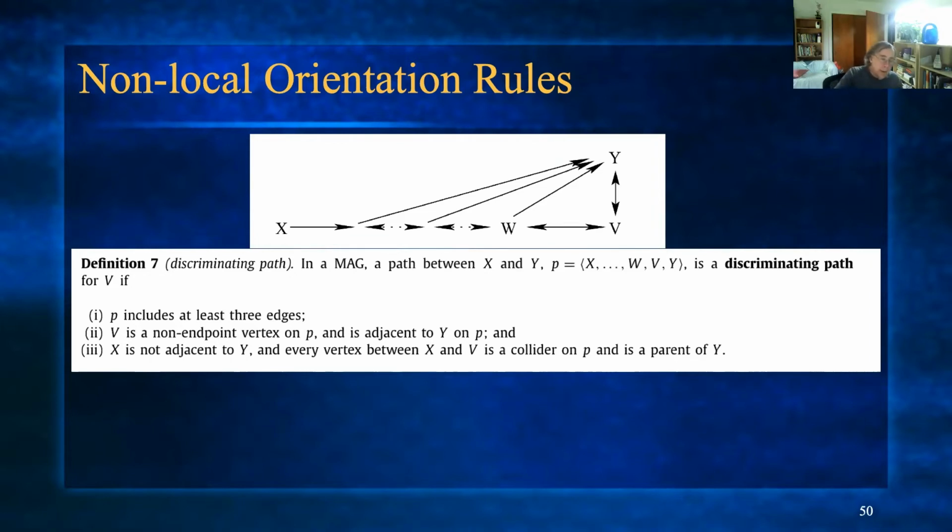So I won't go through this; it's an example of something called a discriminating path, and you don't have to worry about the details.